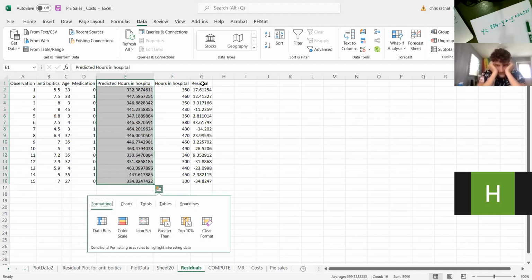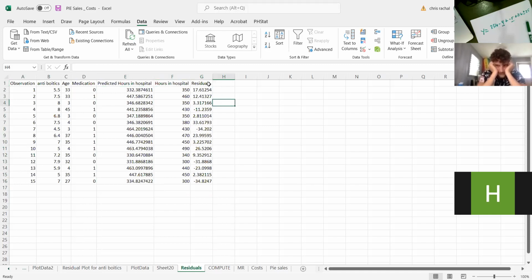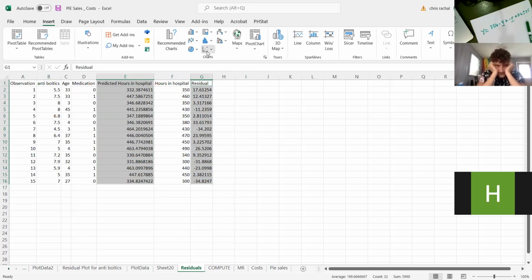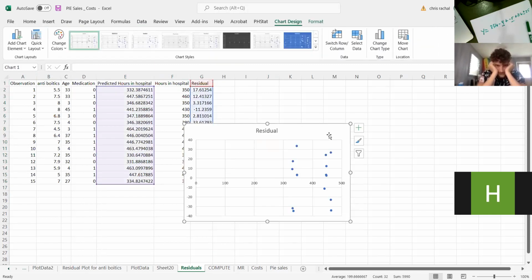What we don't want to see is a wedge pattern, and I'm not seeing one in there.